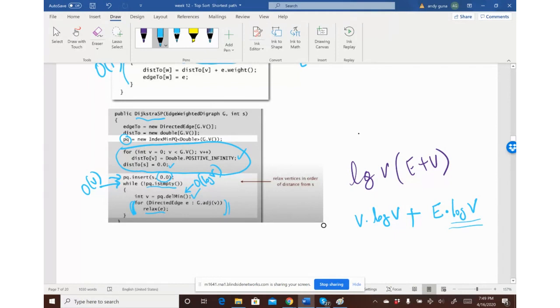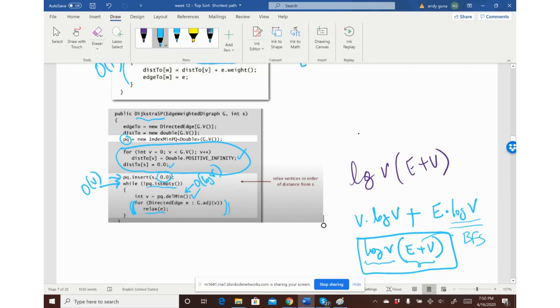So it turns out that Dijkstra's complexity is this. It's roughly a multiple of BFS. That's BFS. So it's like a log multiple of BFS. Because log is not that big, we are okay.